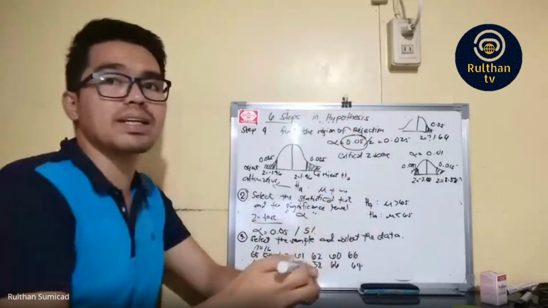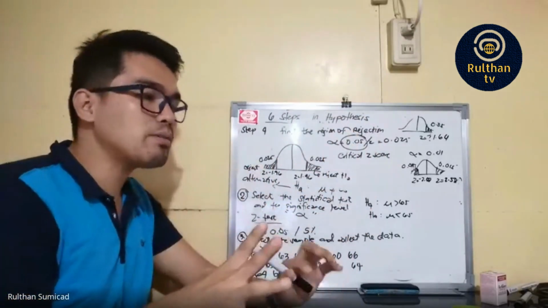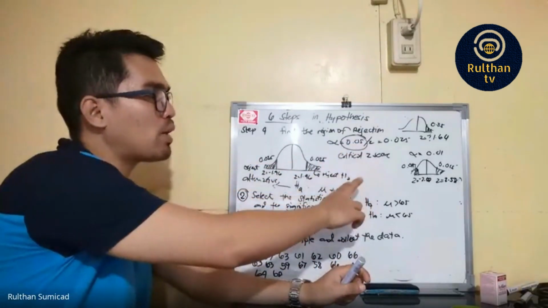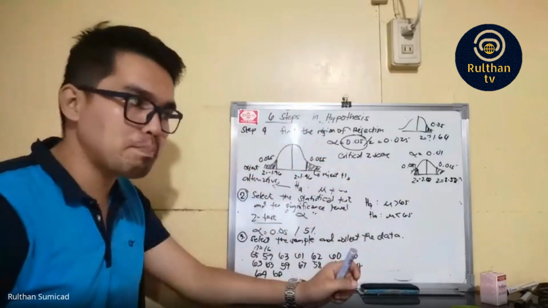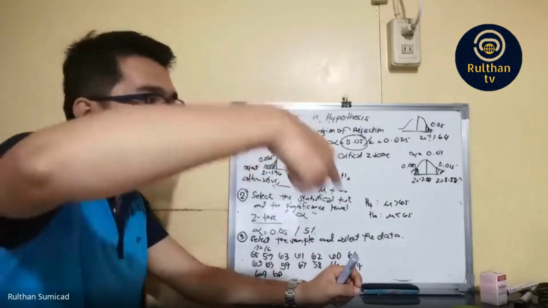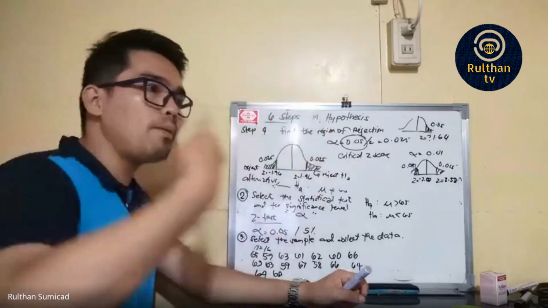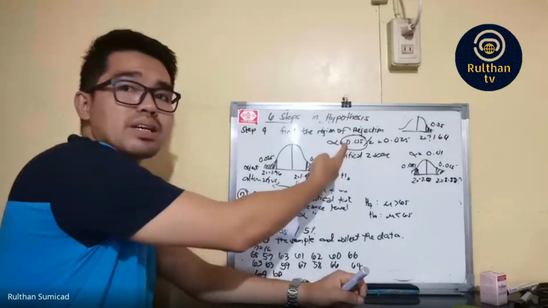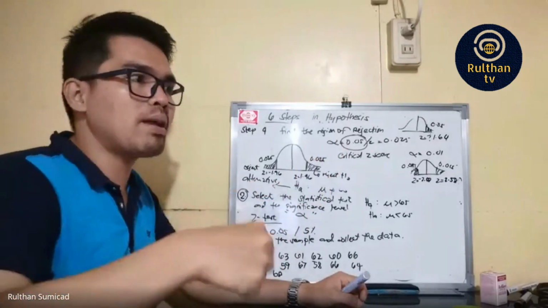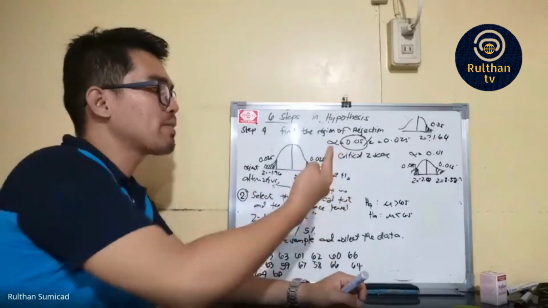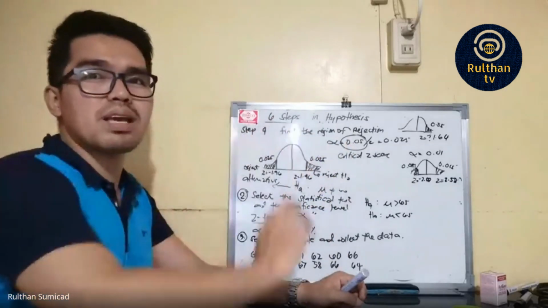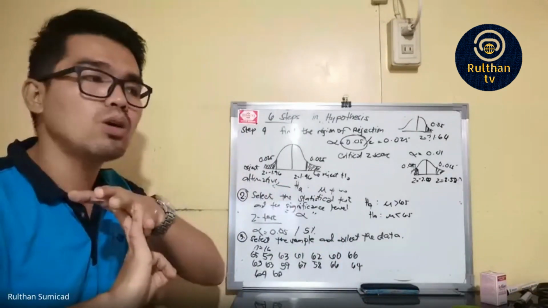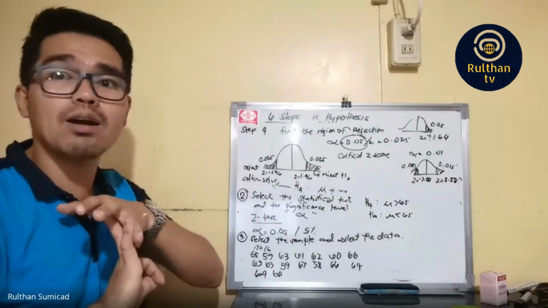If we're going to make our decision based on the alpha value, we're going to double our p value. Our computed p will be doubled, and then we compare it to alpha. If the doubled p value is less than 0.05, we reject the null. But if the doubled p value is greater than 0.05, we fail to reject the null hypothesis.